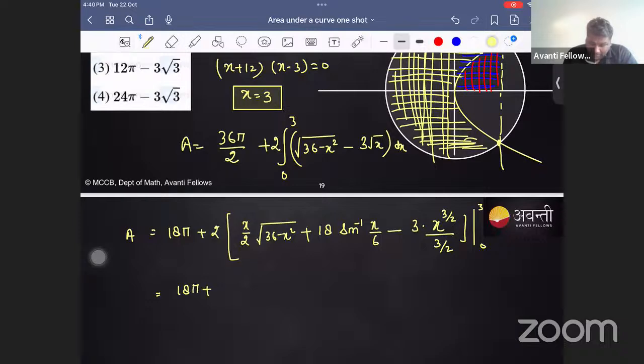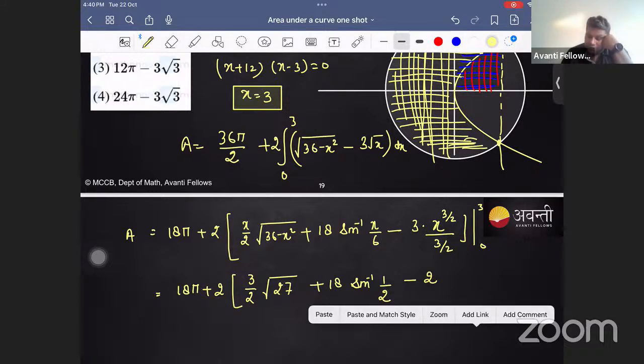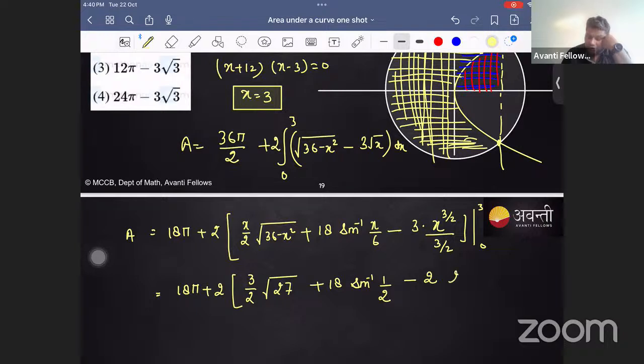So it is 18 pi plus 2 times, now place the upper limit. It will be 3 by 2 under root of 36 minus 9, which is 27, plus 18 times sine inverse of 3 by 6, meaning 1 by 2, minus 2 times x raised to the power 3 by 2, meaning 27 under root.